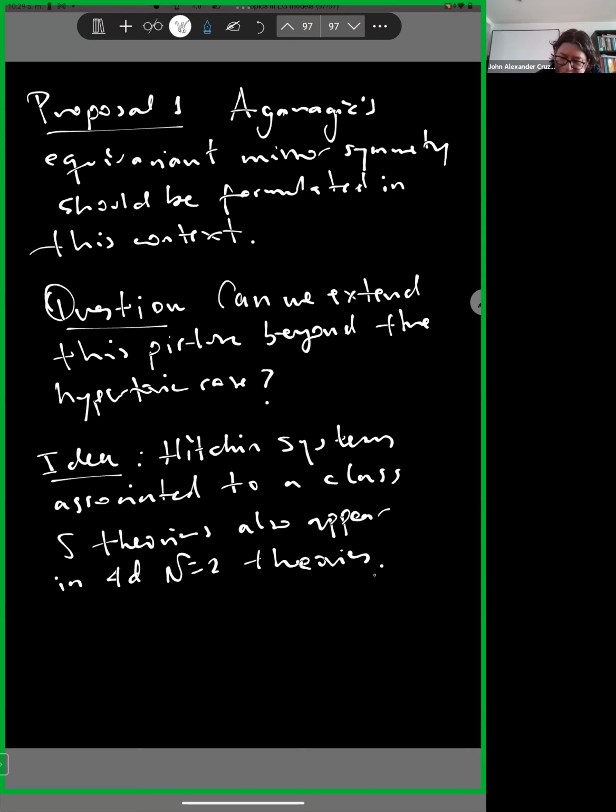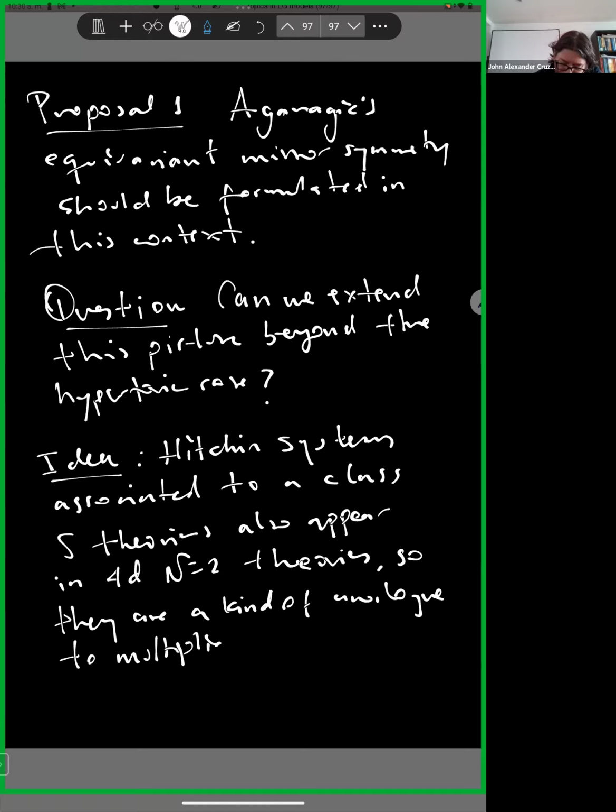What I want to say is that they are kind of analogous to multiplicative hypertoric varieties. So for this kind of system, a picture similar to the Aganagi's picture, this Gamache-McBreen-Webster conjecture and this Landau-Ginzburg theorem should work, right?